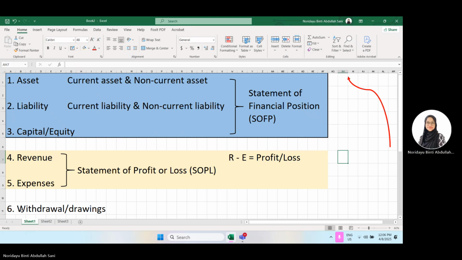All right, the last one, withdrawal or drawings. This account is very special. Why? Only the owner, the business owner, can have this withdrawal or drawings. What is this withdrawal and drawings? As a business owner, I can take cash of the business.